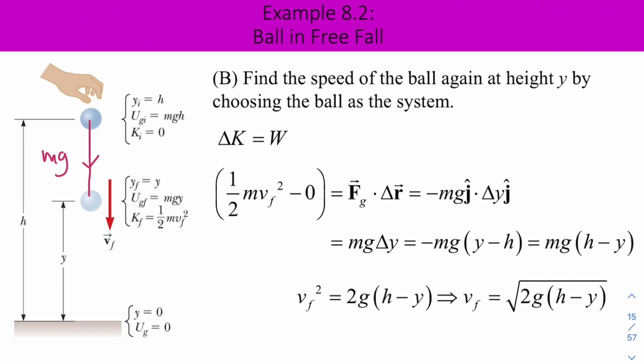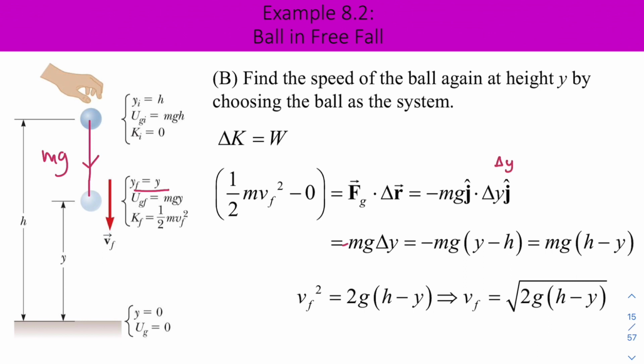Since it's a dot product, j dot j becomes 1. So we have negative mg delta y. Okay, then within delta y itself, we must have y final.